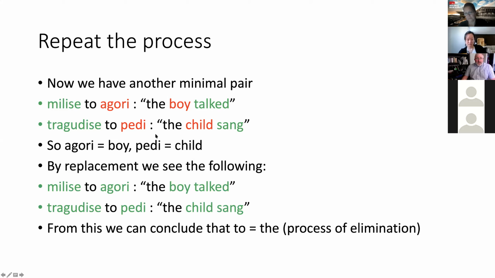So if we take these 2 sentences with what we have found and we turn them green because we have solved for them, then through the process of elimination, we can also figure out what this other little word, to, which in Greek is pronounced to, means, and that is that it means the. It's the definite article.